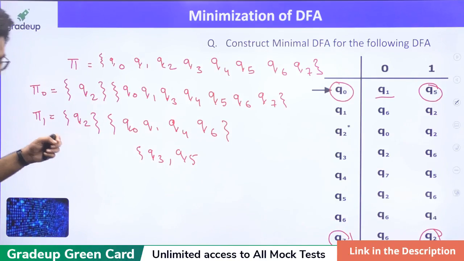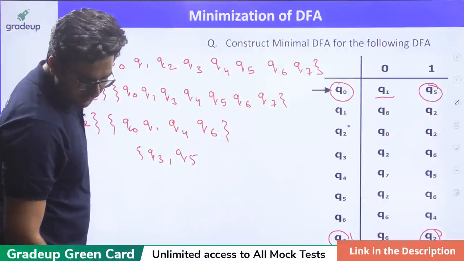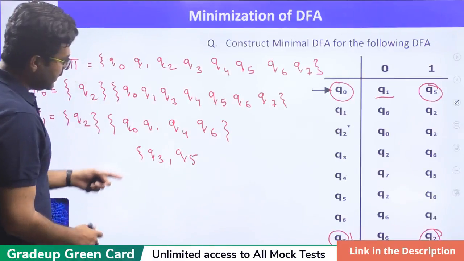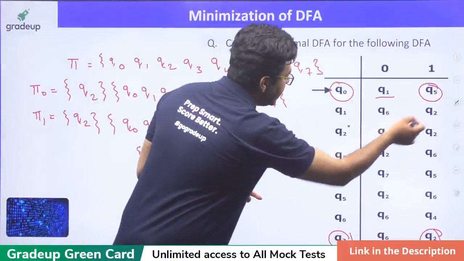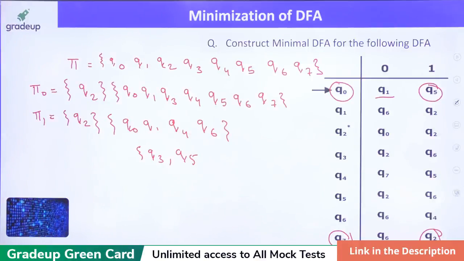For pi 1, Q0, Q1, Q4, and this should come where? Okay, I guess there is something wrong in this question.